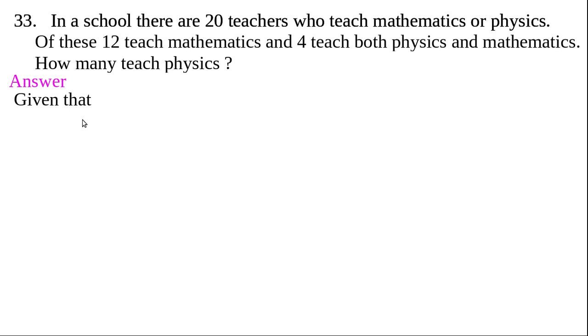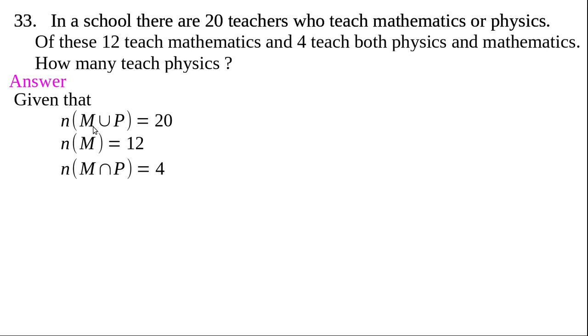That is, number of M union P equal to 20. 12 teach mathematics, number of M is equal to 12. 4 teach both physics and mathematics, number of M intersection P is equal to 4. Three things are given. Both represent intersection, or represent union.